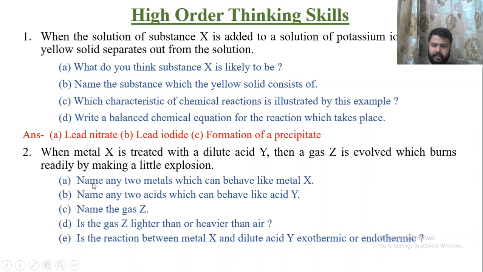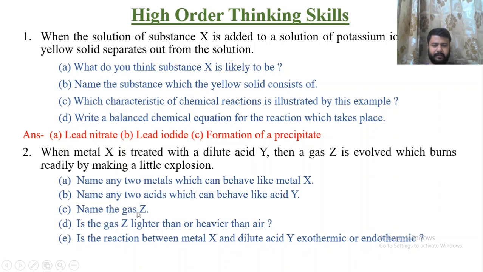So the question is, name any two metals which can behave like metal X. It can be zinc, aluminium, or iron, anyone. Name two acids which behave like acid Y: sulfuric acid and HCl, hydrochloric acid.